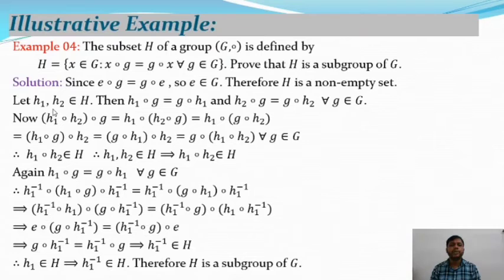So now let h1, h2 belong to H. Then from the above relation, h1 composition g is equal to g composition h1 and h2 composition g is equal to g composition h2 for all g belongs to G. Now h1 composition h2 composition g is equal to h1 composition, applying the associative property of a group, h2 composition g, and h2 composition g is equal to g composition h2.